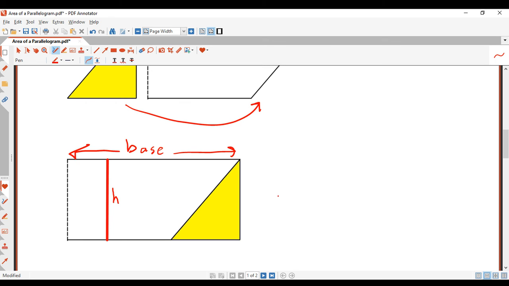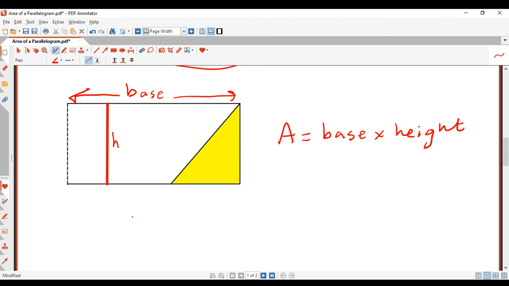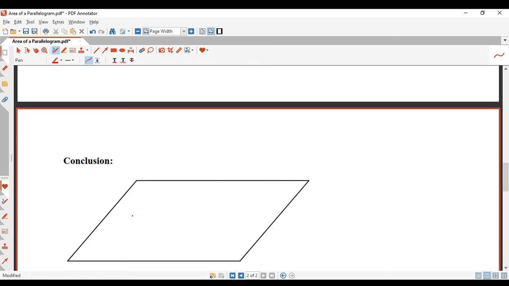Now, the good thing about that is we know how to find the area of a rectangle. Area is base times height. Because this rectangle has the same base and height as the parallelogram, the parallelogram can have the same formula applied.